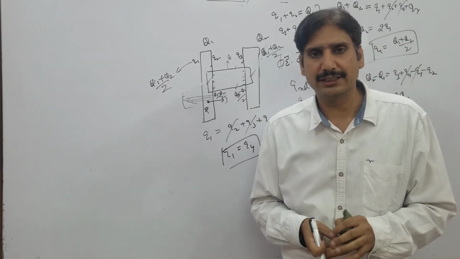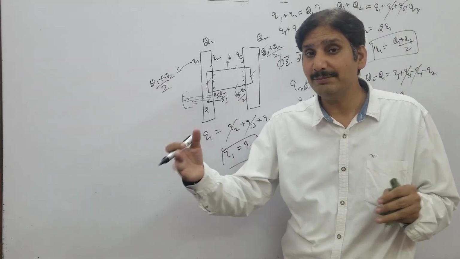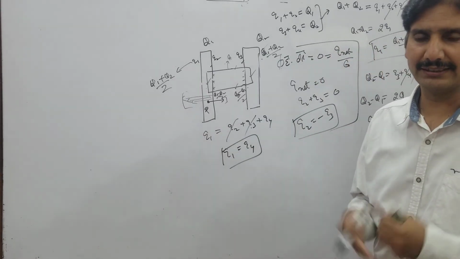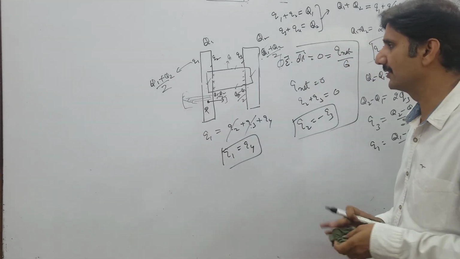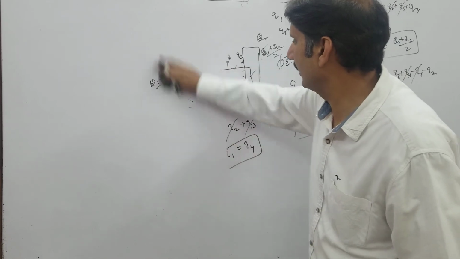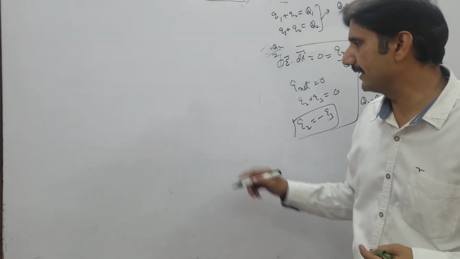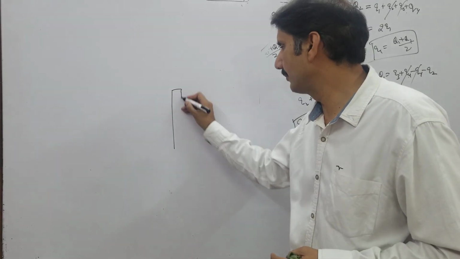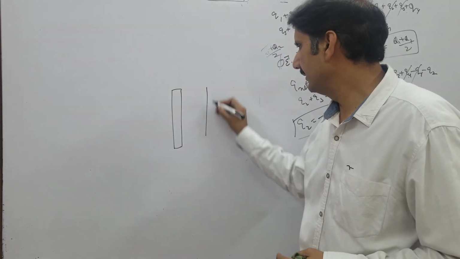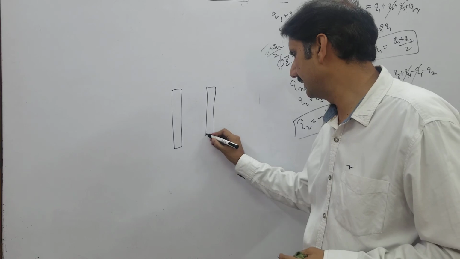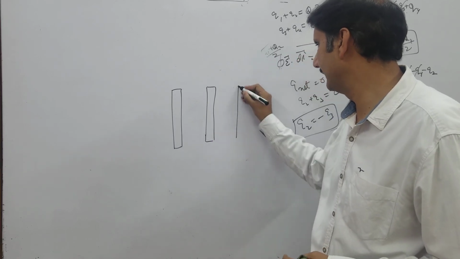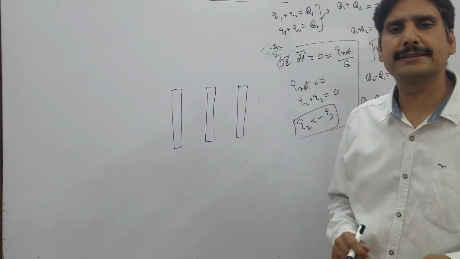Can you do a question in which there are 3 plates? This is an assignment for you. Try this question. You can solve it generally as well, but I am giving you a numerical problem. It would be mathematically a little simpler to deal with lesser number of variables.